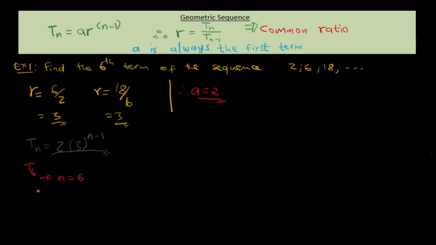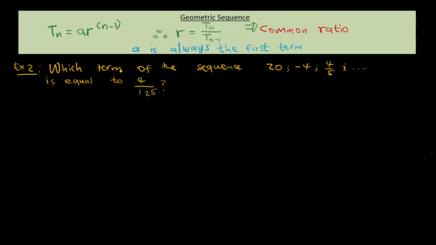So T6 will be 2 times 3 raised to (6 minus 1), which is 2 times 3 to the power 5, and you'll get 486 as your answer. Let's move to the next one.